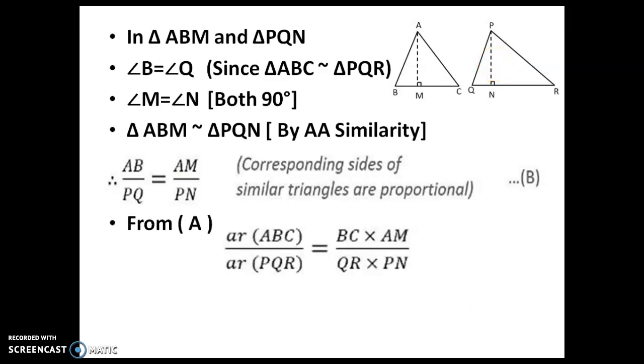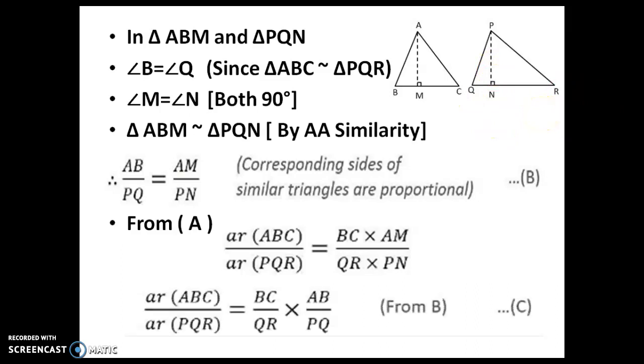From A, okay, so this is A equation. In that we can write like this. Okay. So we are going to replace AM by PN. This is here, no? This equation you are going to substitute in the first equation. So AM by PN, that is going to be replaced with AB by PQ. Okay.